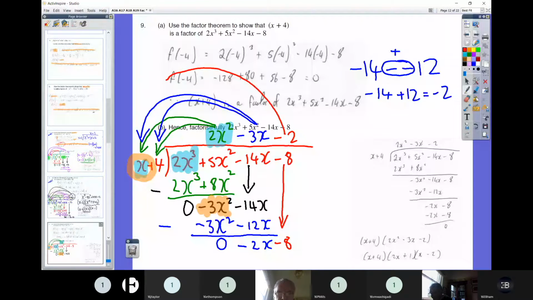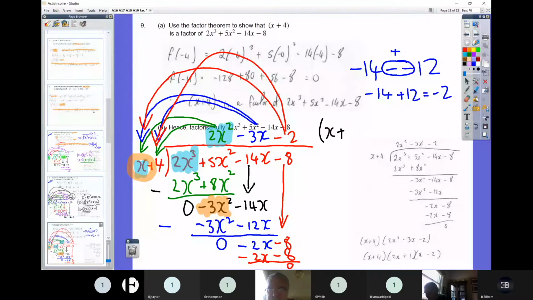Minus 2 times the x is the minus 2x. And minus 2 times the plus 4 is minus 8, which is what you're hoping, because you don't want to have anything left over when you do that final takeaway. Like 0. Is 0.